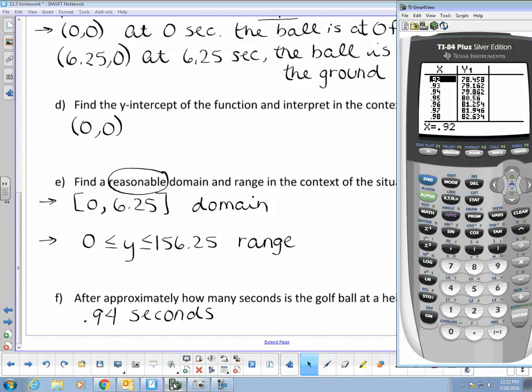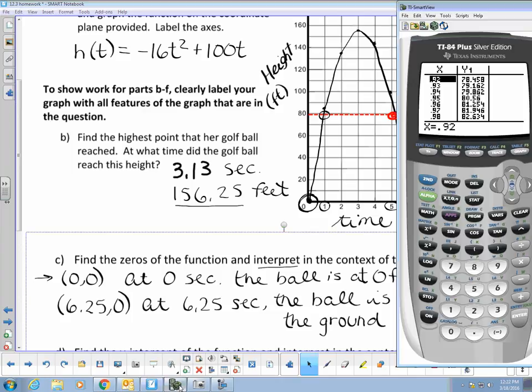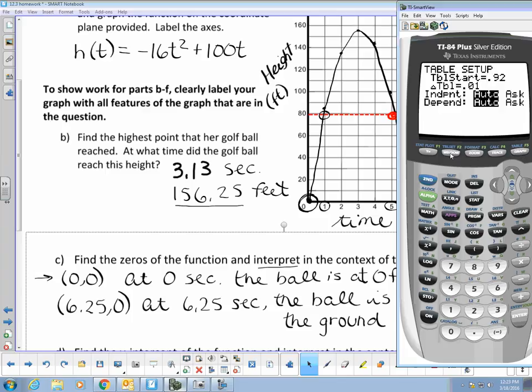Then I have to go back though and remember that I have, let's go back up here, I have another time, a little bit past 5 seconds that is also going to hit right here at 80 feet. So go back to my table and I want to jump down to my x value of being closer to 5, because I know that it's much closer to 5 seconds. So let's go to 5 and see if I can get close to 80 again.